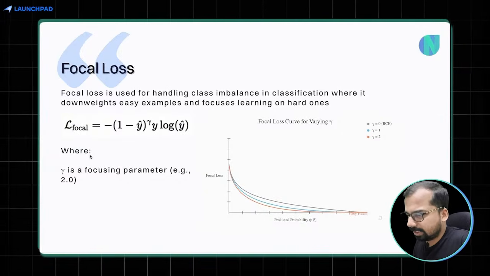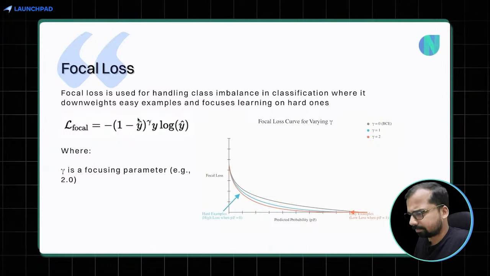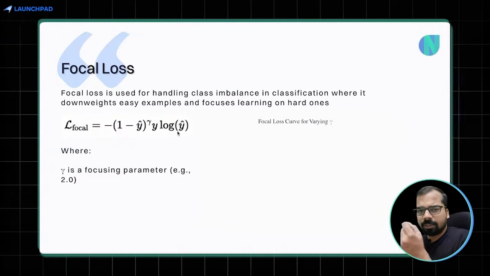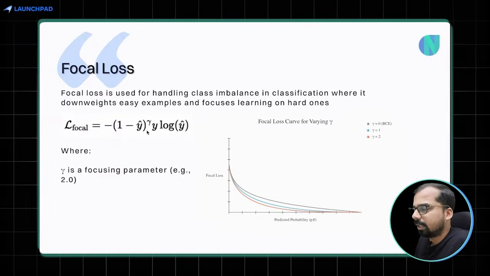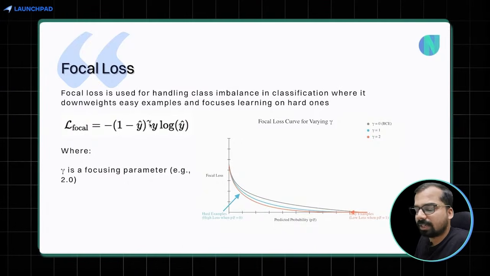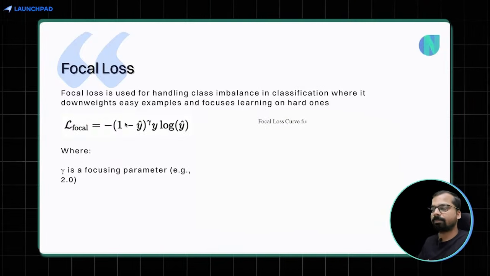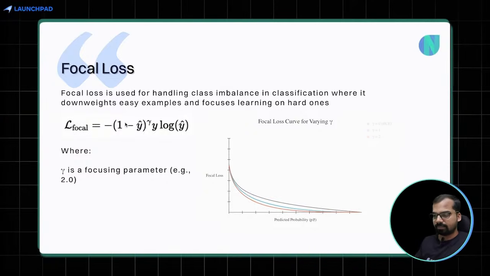In focal loss, there is a slight modification. Y log y hat was part of the categorical cross entropy loss, if you remember, and we have added this (1 minus y hat) to the power gamma. This tries to focus more on those examples which are harder to classify or which are very few in number.